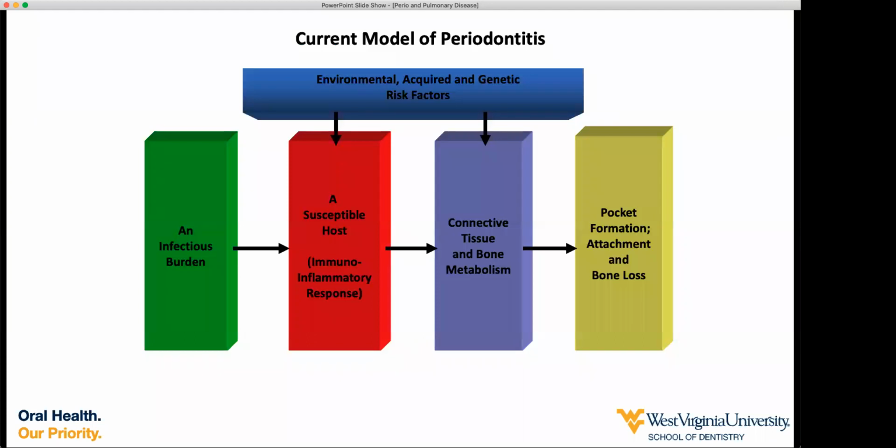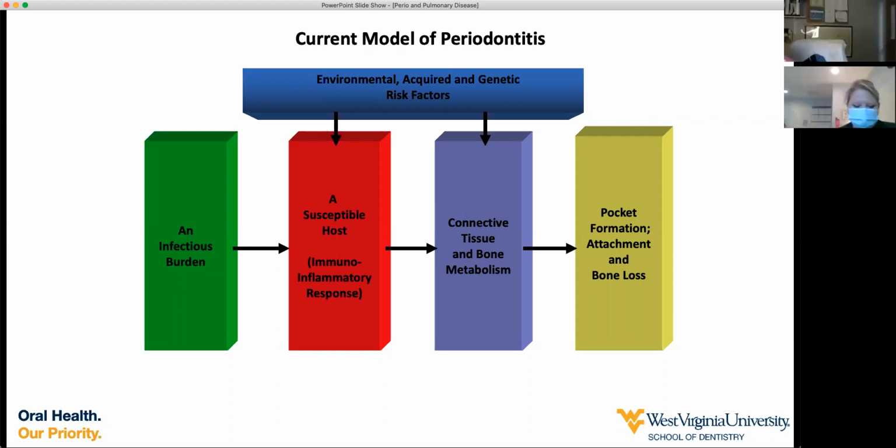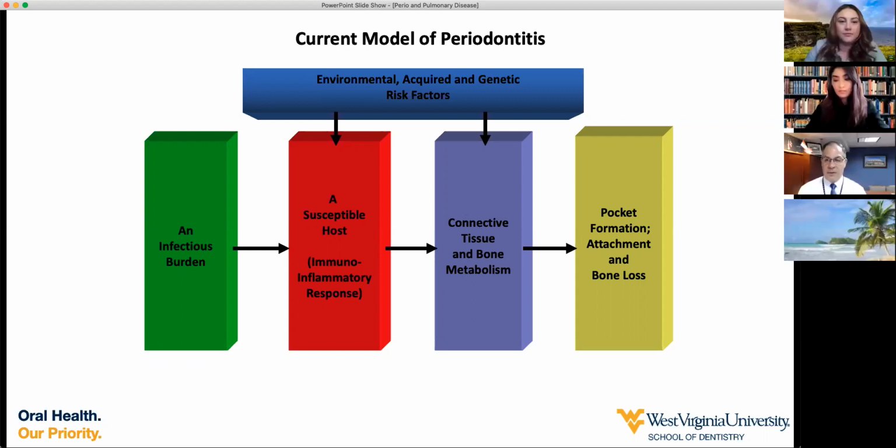So periodontitis or periodontal disease is an infectious disease. It's caused by the plaque or biofilm that forms on the teeth. Normally, you keep that under control by brushing your teeth twice a day, mechanically removing the biofilm, and hopefully preventing any sort of inflammatory response.